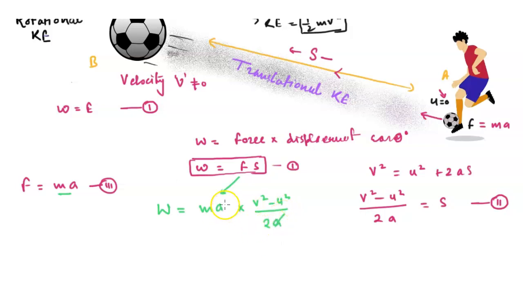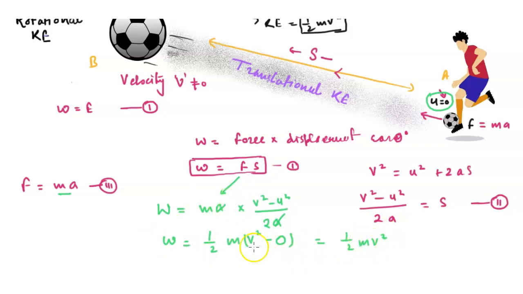Now we can cancel this a. So the work done will be half mass times v square minus u square. But we know here u is actually 0, so we put 0 over here, and the work done will come out as half mv square.